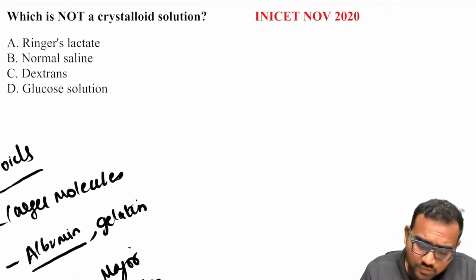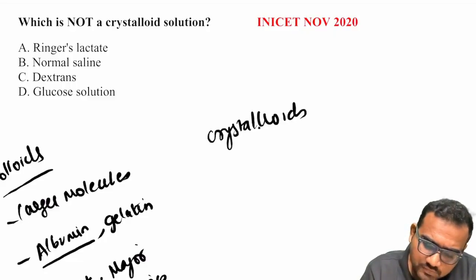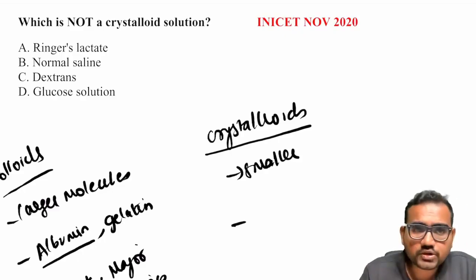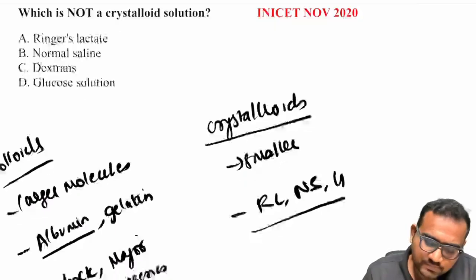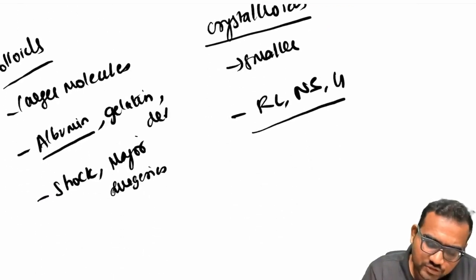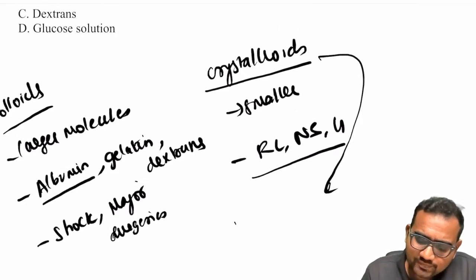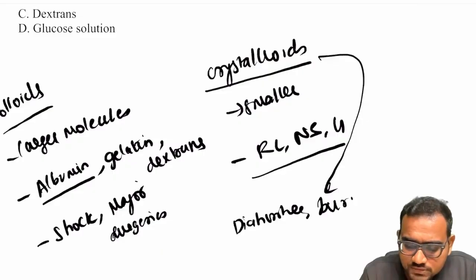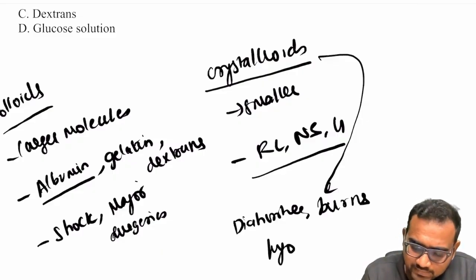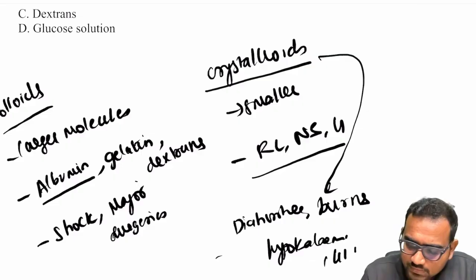Colloids are larger molecules, whereas crystalloids are smaller molecules. All these are crystalloids: ringer lactate, normal saline, glucose. And colloids are albumin, gelatin, dextrans. Crystalloids I can give in cases of diarrhea, burns, hypokalemia, GI fistula.